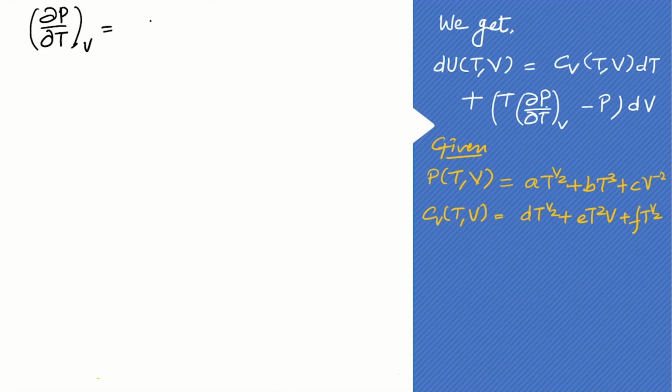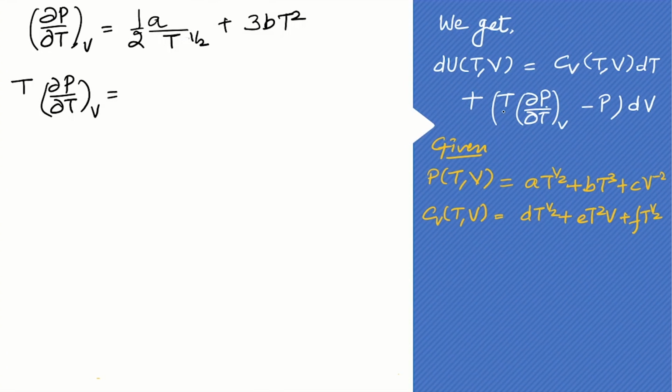So we will get (1/2)A T^(-1/2), and this 3B T^2, and the other one is constant, so this will be 0. So now let's multiply this with temperature, because we need T (∂P/∂T) at constant volume. So after multiplying, this will be (A/2) T^(1/2), and this 3B T^3.